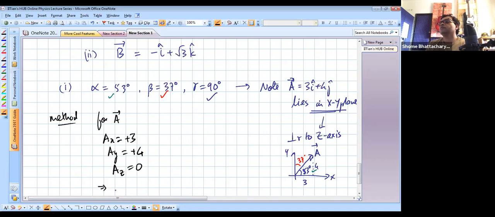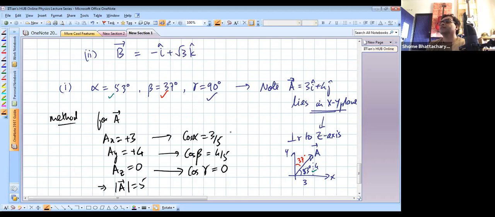So first of all, that meant that mod A was 5. And then from that I got that cos alpha is 3/5, cos beta is 4/5, and cos gamma is 0. And then I just use my common knowledge of trigonometry.